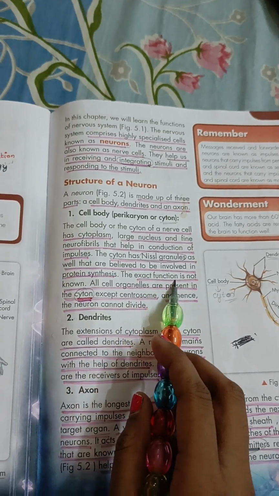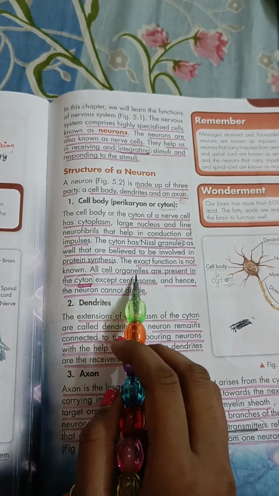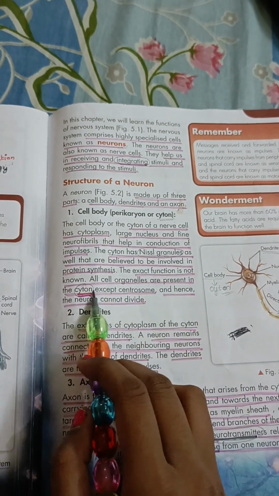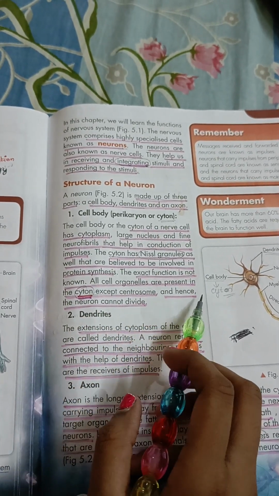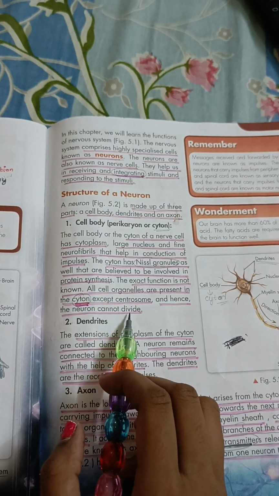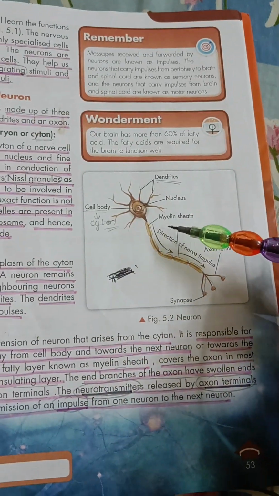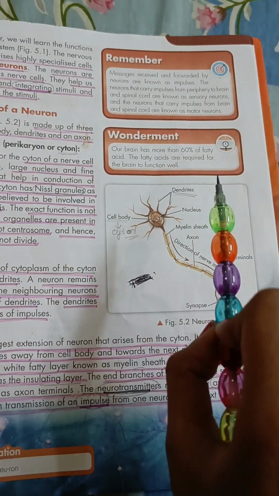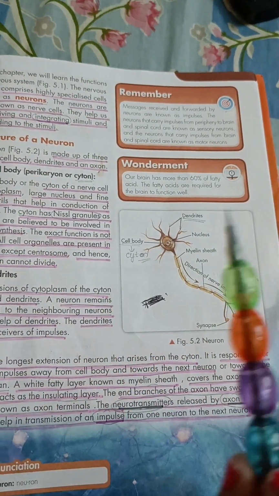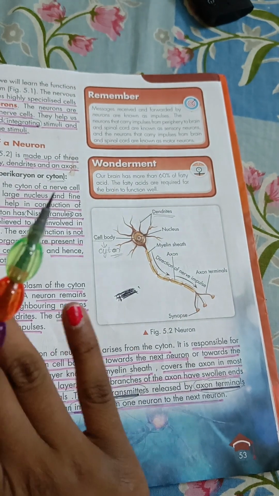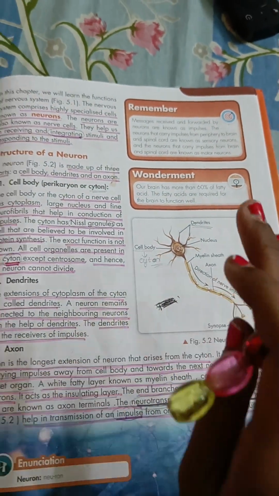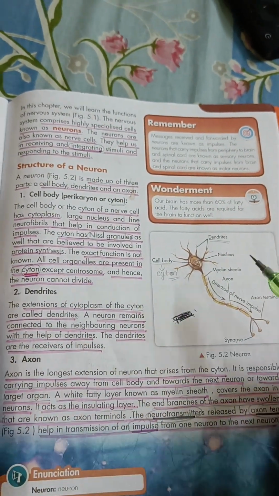The exact function is not known. All cell organelles are present in the cyton except the centrosome, and hence a neuron cannot divide. As the neuron doesn't have any centrosome present in it, the neurons cannot divide.